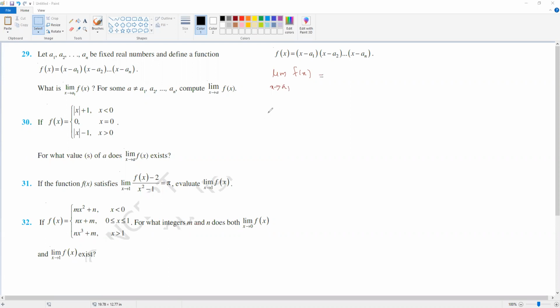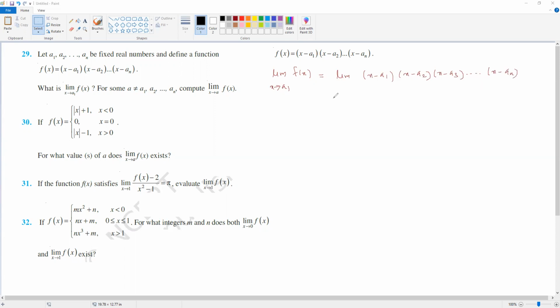Can you tell me what is the value? Your function is x minus a1 into x minus a2 into x minus a3 into etc. into x minus an.